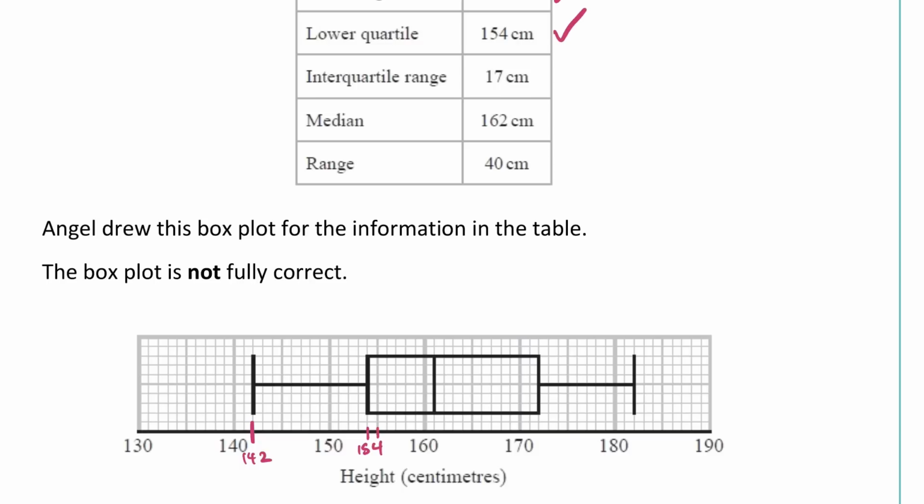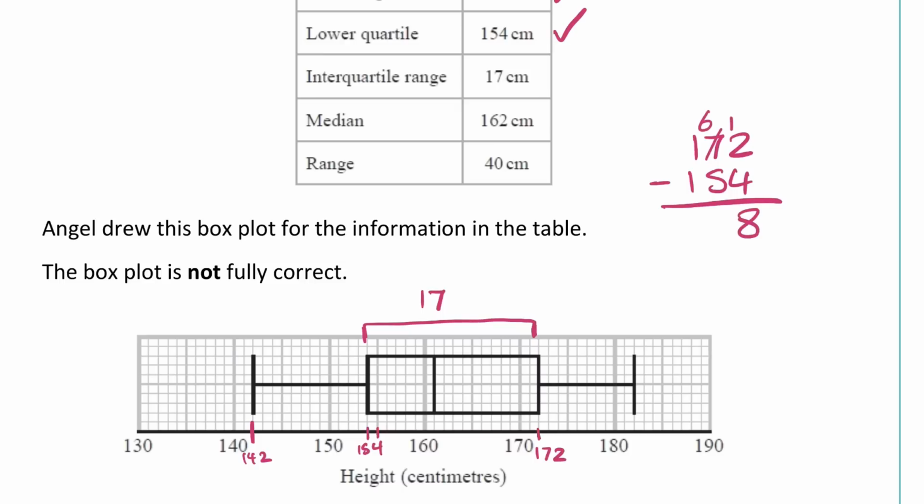The interquartile range is 17. Now the interquartile range is the distance from the lower quartile to the upper quartile. And it says there that is 17. Well, let's see, this number over here is 172. So 172 take away 154, is that 17? Let's check it out. So let's borrow, 12 take away 4 is 8, 6 take away 5 is 1, and then 0.